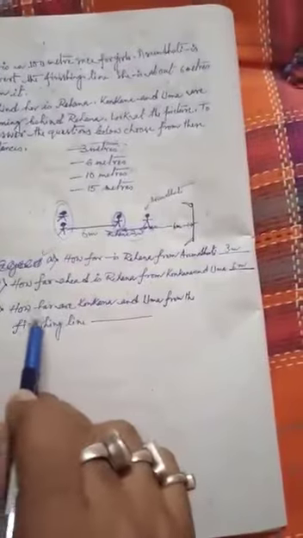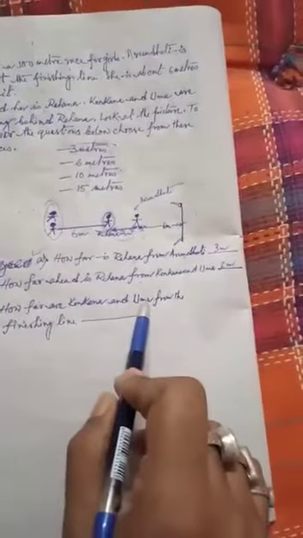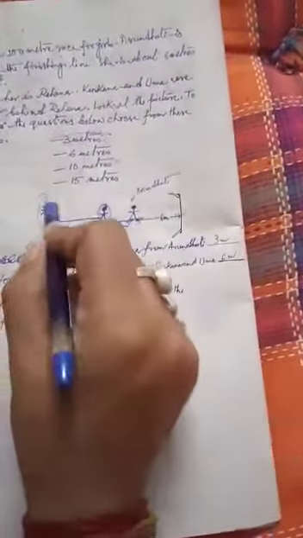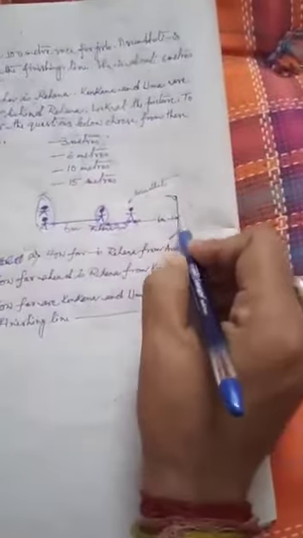Now, how far are Kankana and Uma from the finishing line? Kankana and Uma are here, the end line is here.